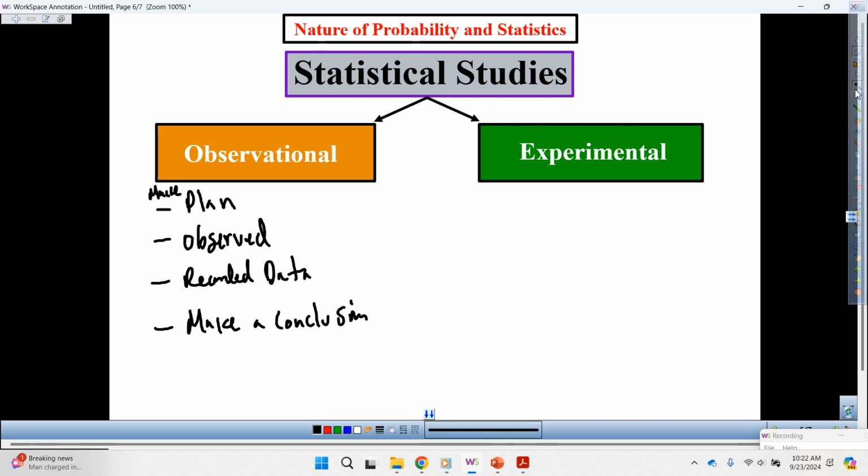So in my conclusion, look up, guys. In my conclusion, I noticed that 8 out of 10 vehicles did not obey the max speed or the speed limit. Okay. That's my conclusion.